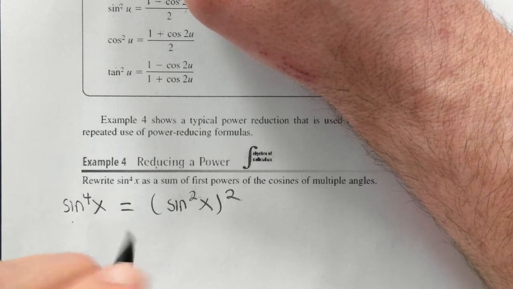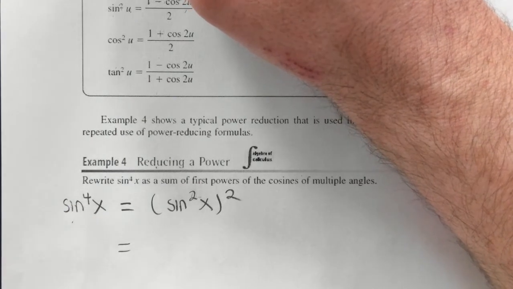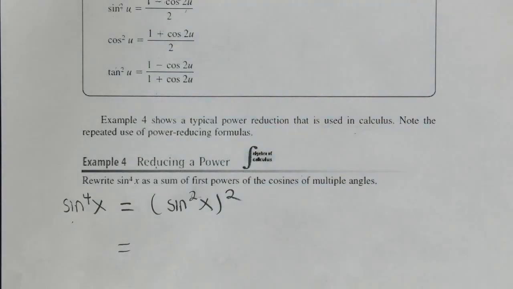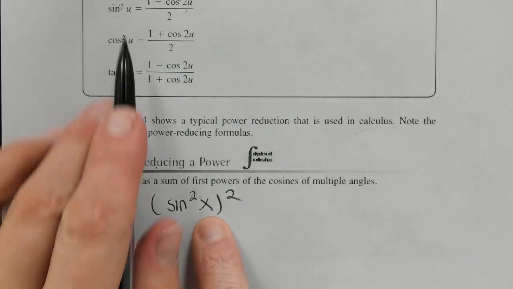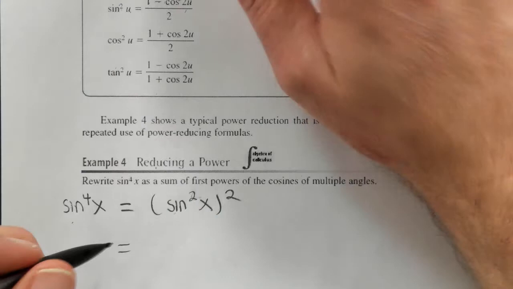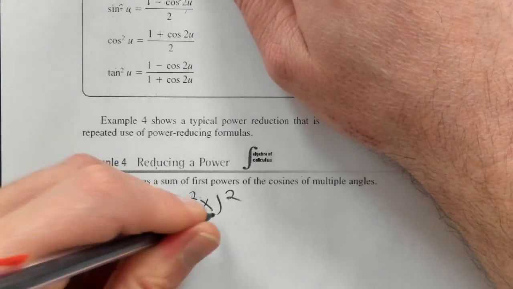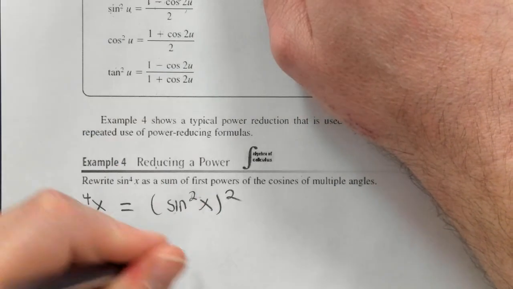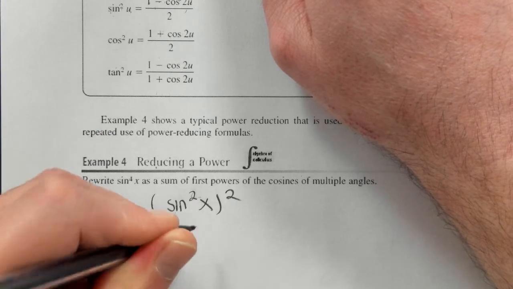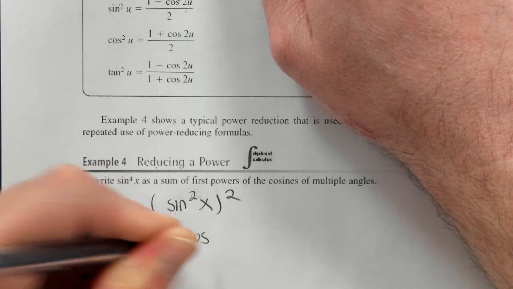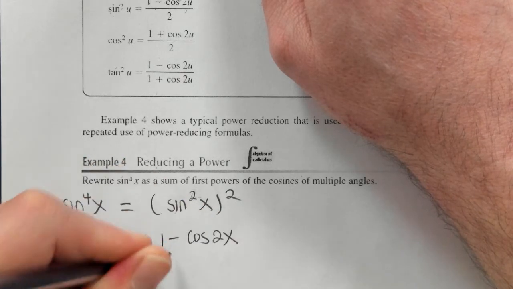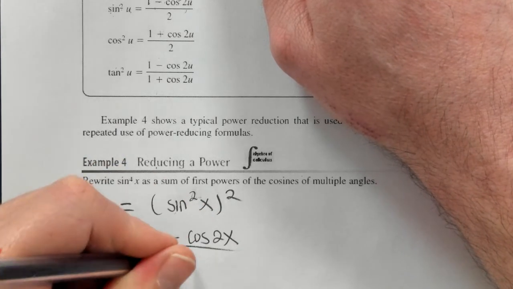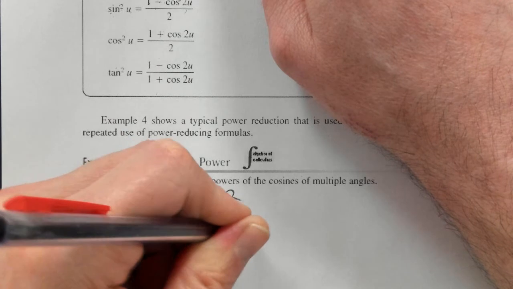Okay? Now, the reason why that helps me is because I can now rewrite the inside of this using this formula. So what I'm going to do is take sine squared x and put in its place 1 minus cosine of 2x over 2, close it, square it.